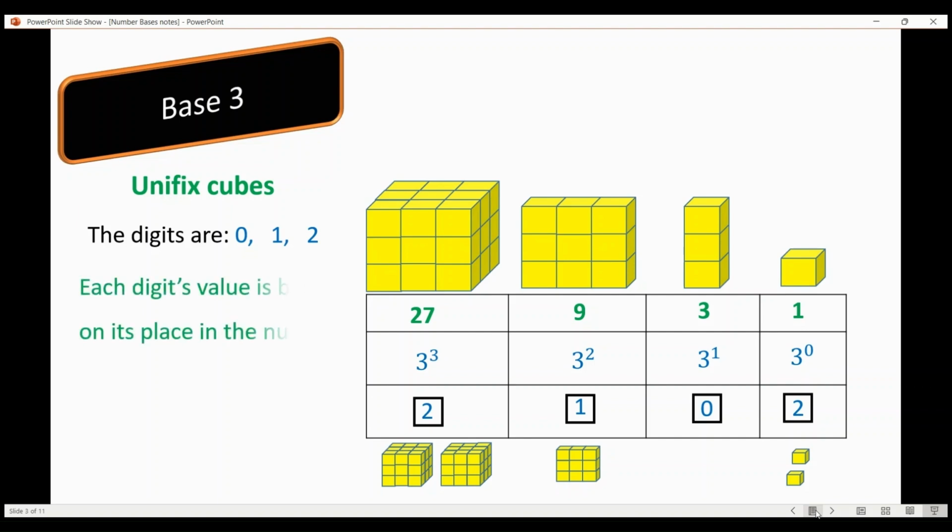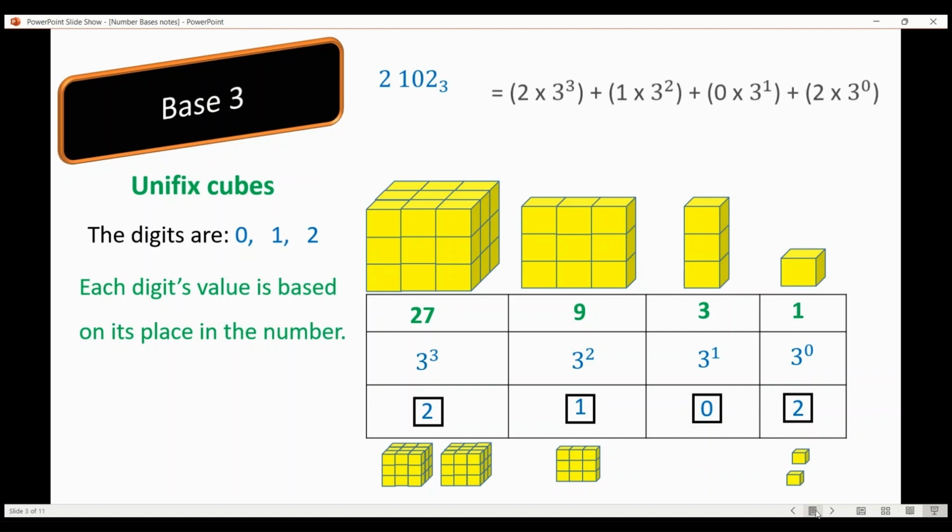So let's recall that each digit's value is based on its place in the number. So that's why we have a place value system. So let's look at this number that we wrote there, 2102 in base 3. Let's expand the values.